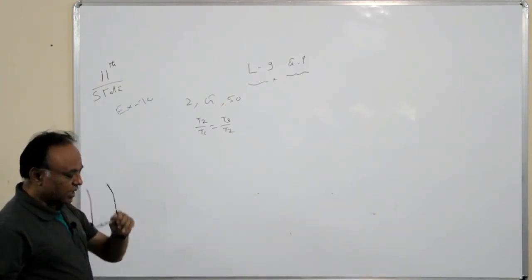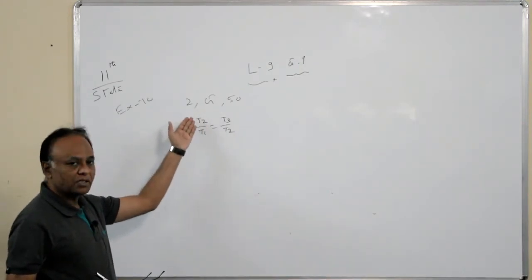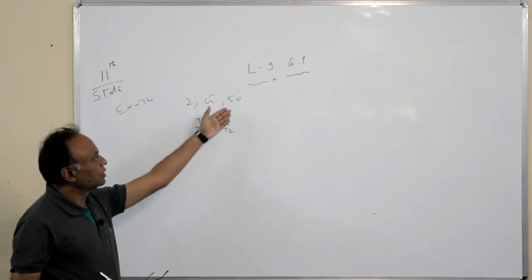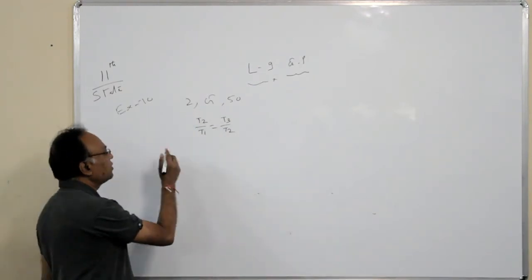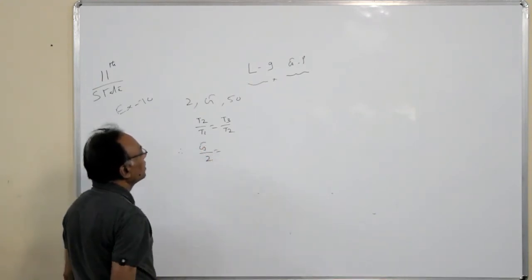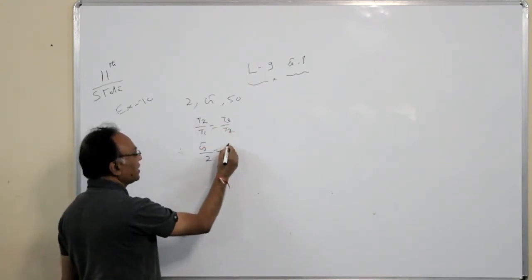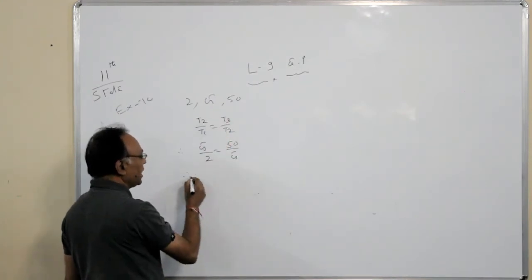If the series is in GP, the ratio of the second divided by the first is equal to the third divided by the second. What are the values? Here T1 is equal to 2, T3 is equal to 50, and T2 is equal to G.